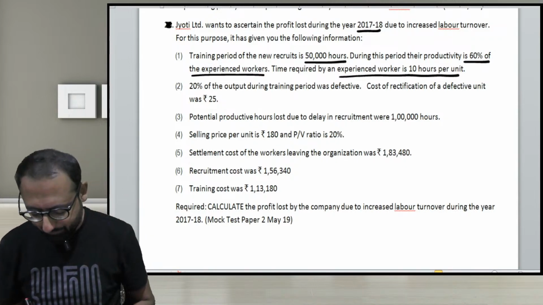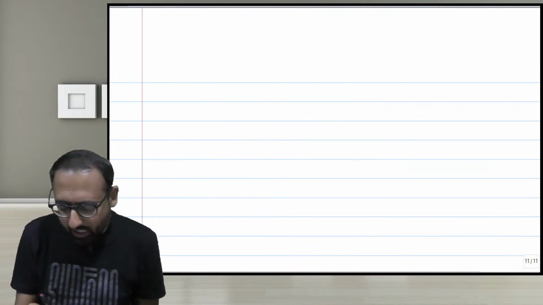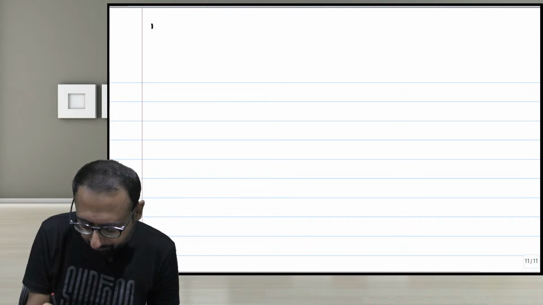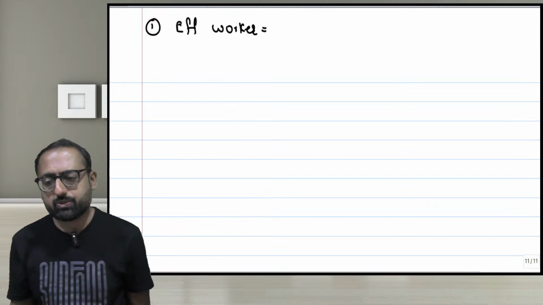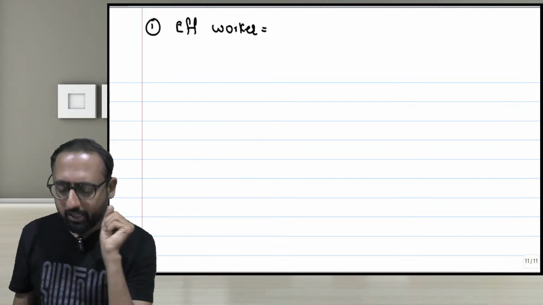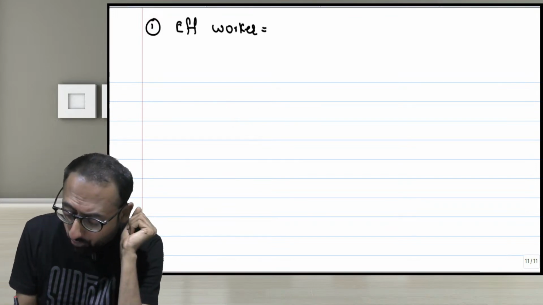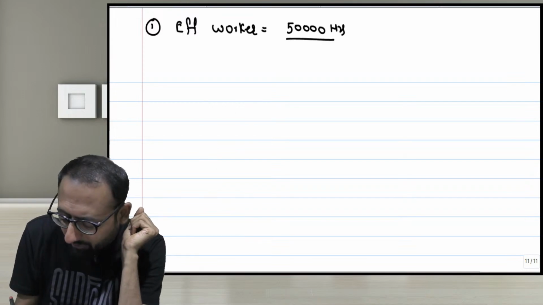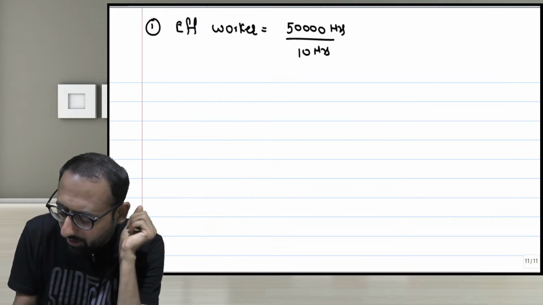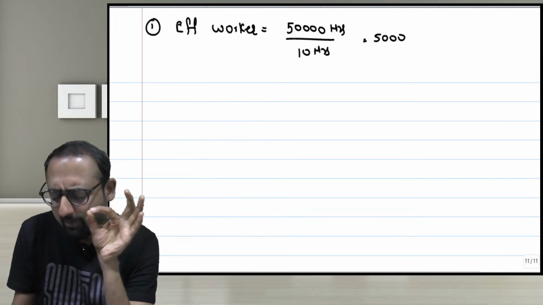Now I will check that. An efficient worker will produce, in 50,000 hours divided by 10 hours per unit, 5,000 units.